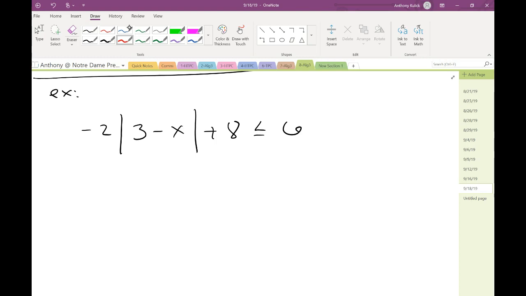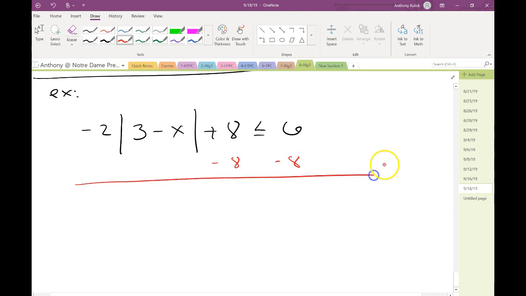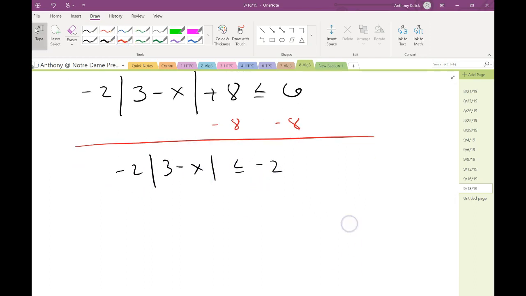First thing I would want to do is subtract the 8. Very good. Okay. Next thing I should do is divide by negative 2. What do I have to remember here?